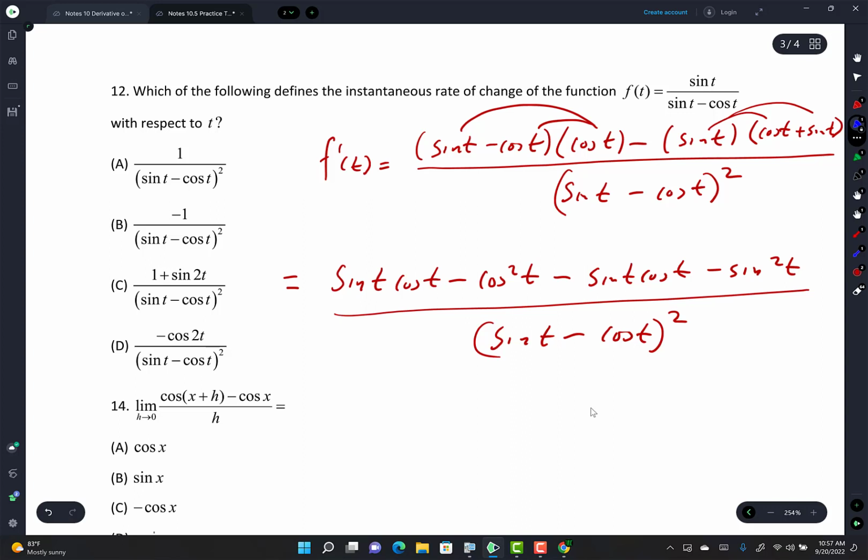Let's see if stuff zeroes out. It does look like there's some stuff that zeroes out: sine t cosine t. Factor out a negative. If you factor out a negative in the numerator, you get cosine squared t plus sine squared t.